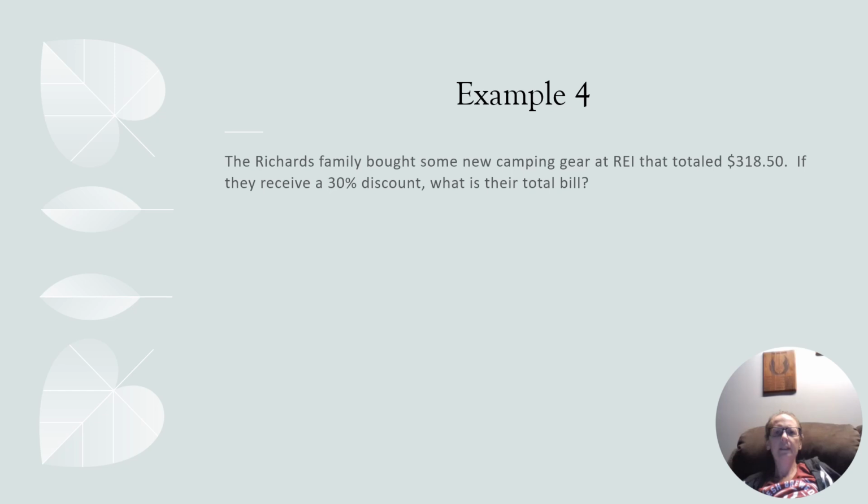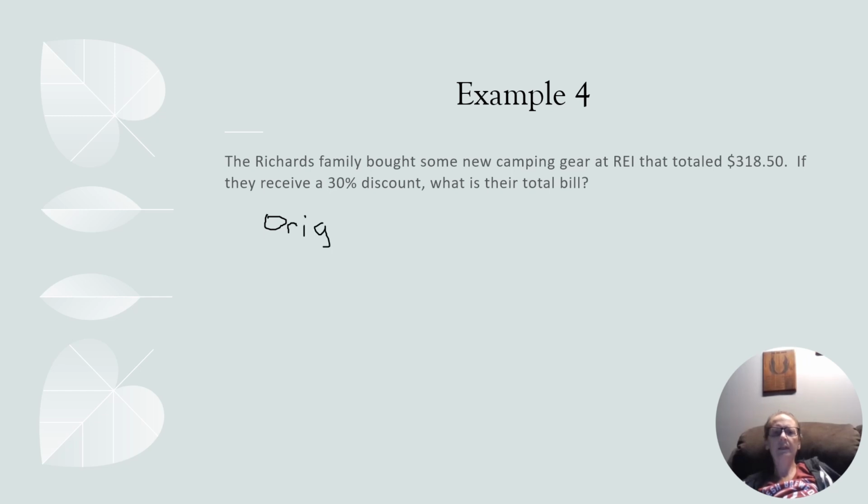Okay, in example 4, it says the Richards family bought some new camping gear at REI that totaled $318.50. If they receive a 30% discount, what is their total bill? So we're dealing with a decrease in percent. So when we set up those boxes, either increase or decrease, we're going to have an original amount.